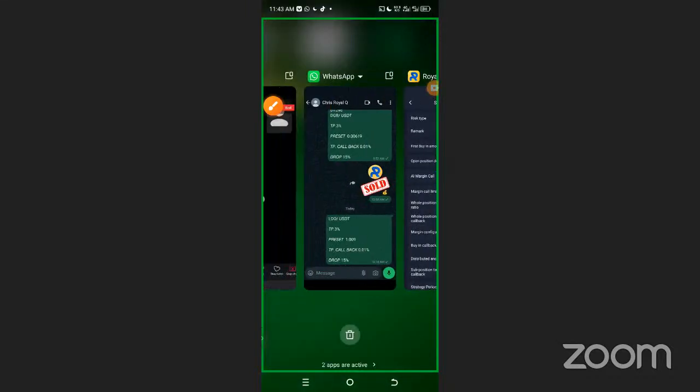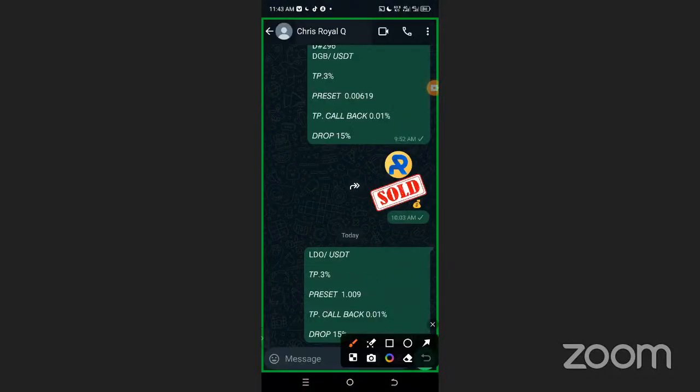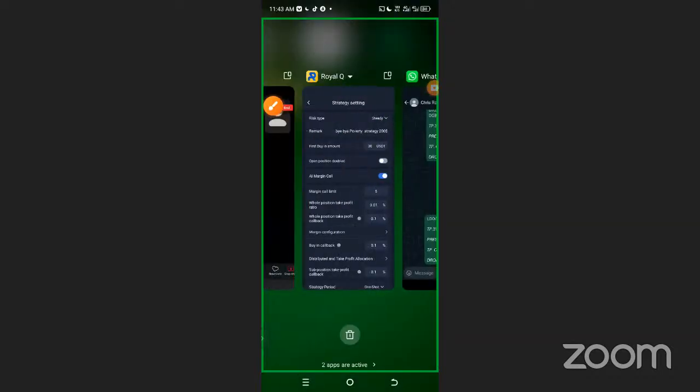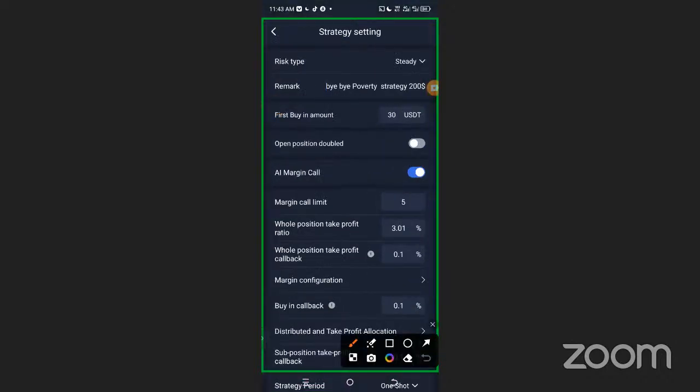Then we have a word called TP. TP means this in our settings. We have already saved 3.01. Therefore, we don't need it.